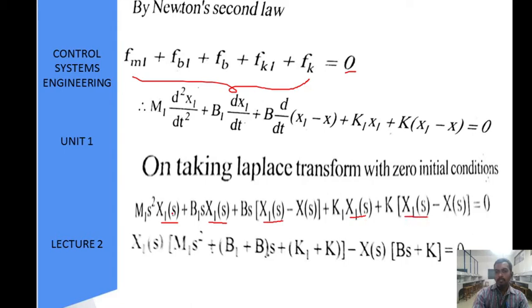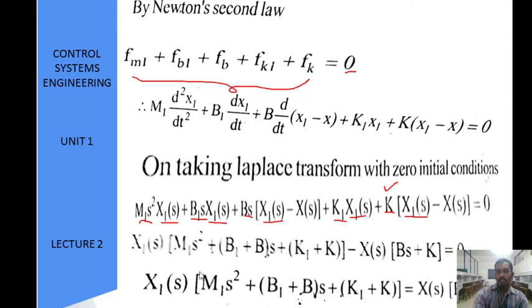So by taking X1(s) as common, we get m1 s squared plus (b1 plus b) s plus (k1 plus k). Then, if we take minus X(s) common, we get (bs plus k), is equal to 0.